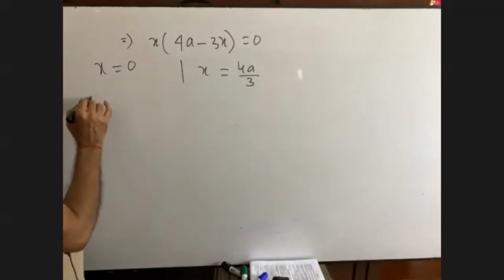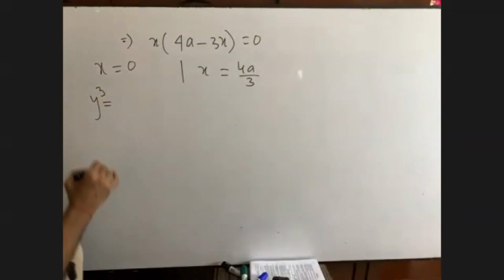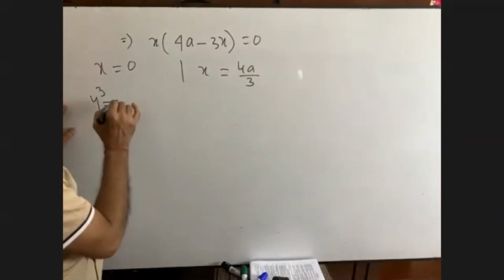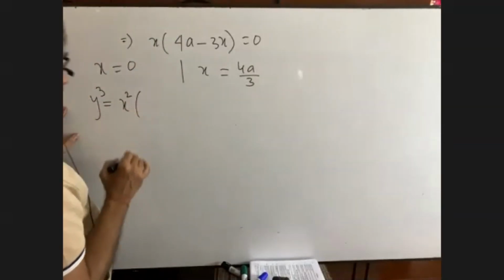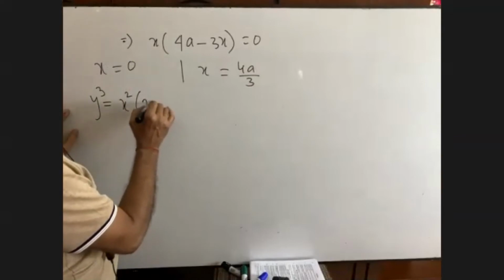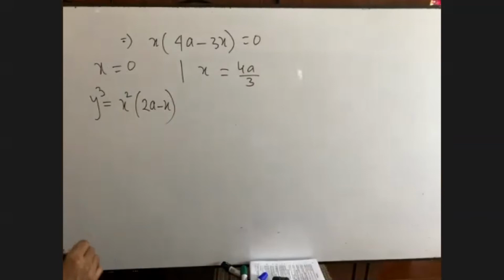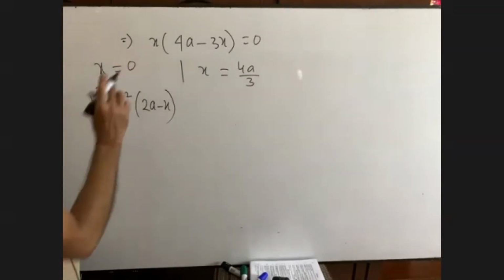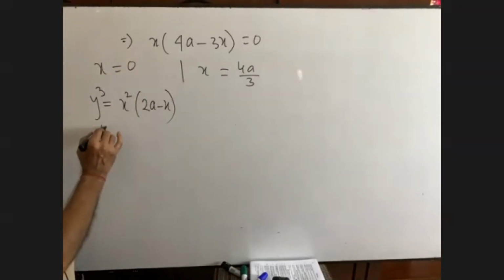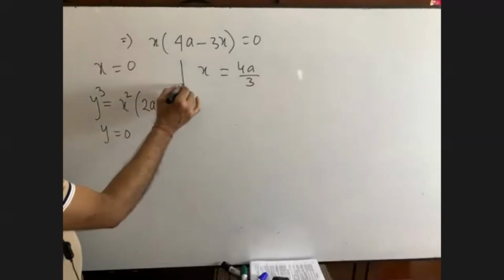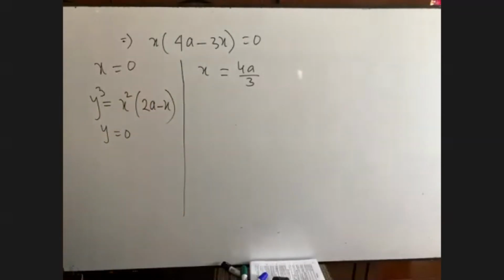Now, y cube is equal to given x square into 2a minus x. You put x equals to 0, so y equals to 0. Am I right? If x equals to 0, then everything is 0, so y equals to 0.